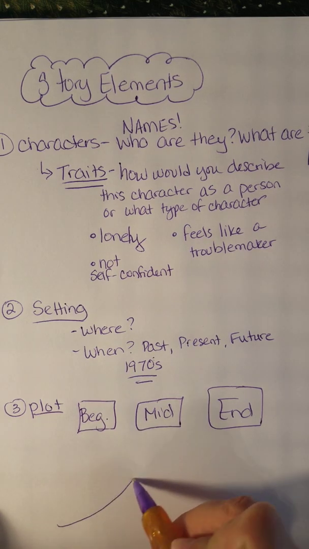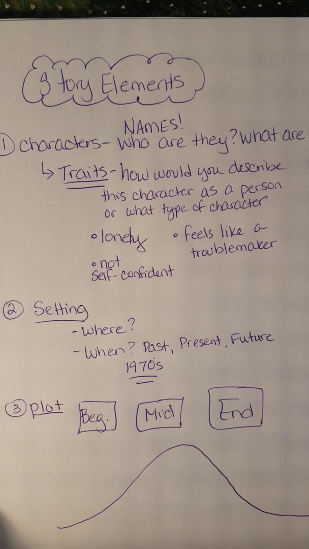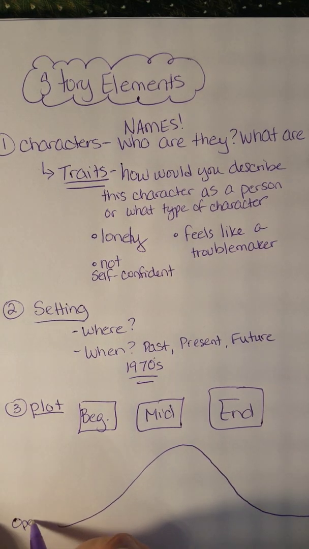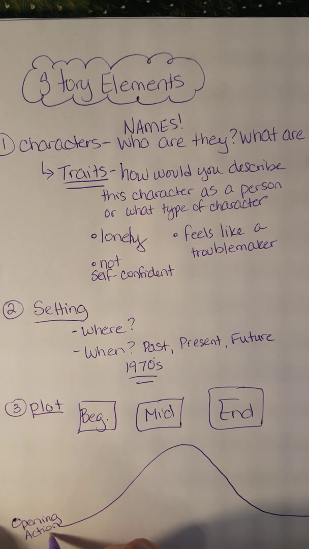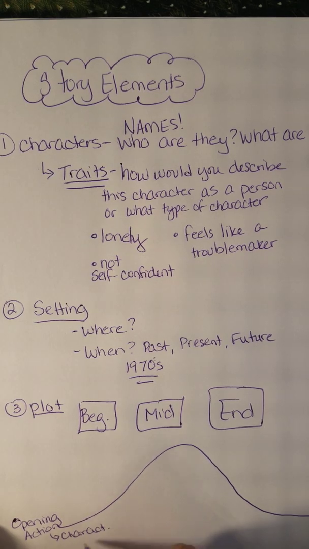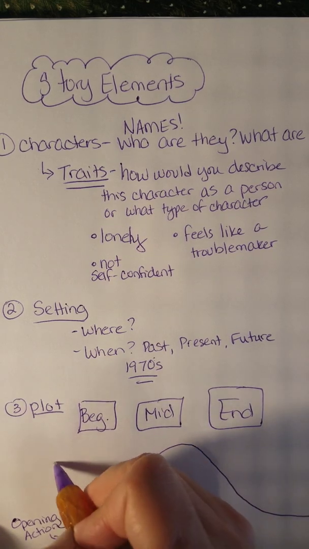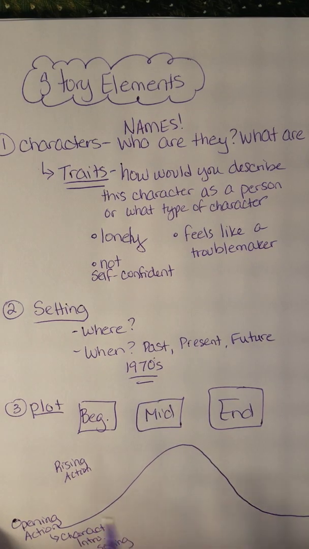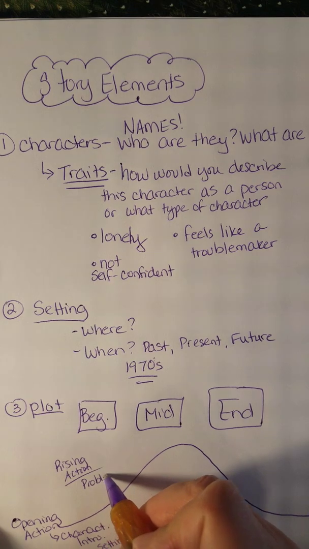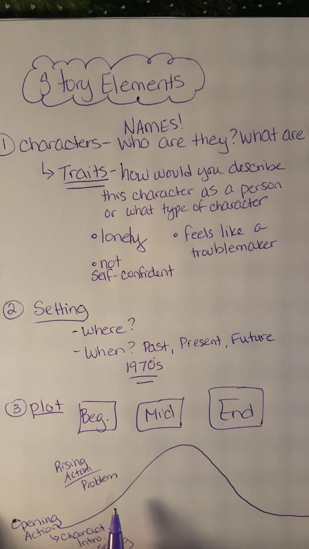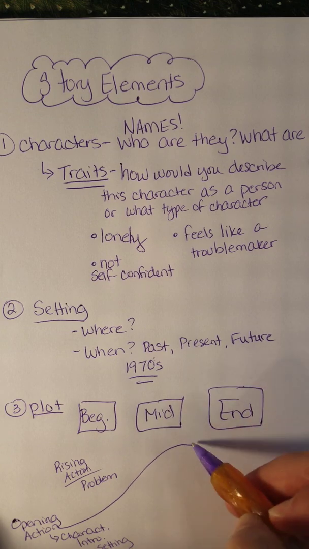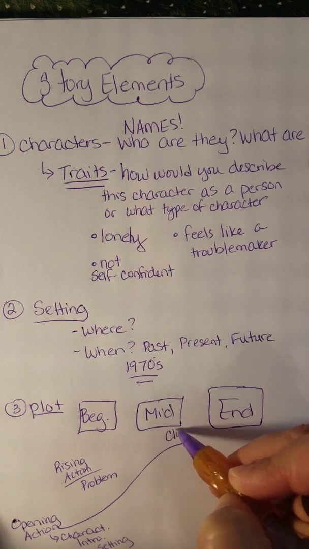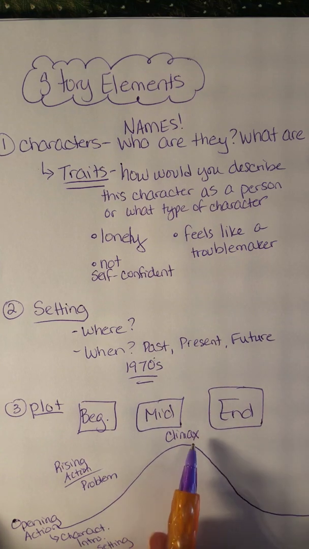Oftentimes they talk about plot in terms of like a roller coaster ride or a pyramid, where you have the opening action, where you have the characters introduced, setting introduced, then you start getting into what they call rising action. Okay, and this is when you usually can find out where the problem in the story is. Then you have the climax, which is right here at the top, just like a roller coaster, most exciting part of the story.